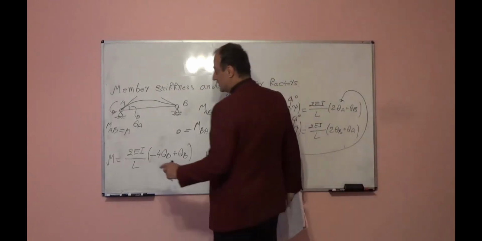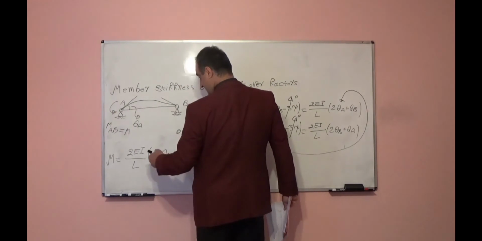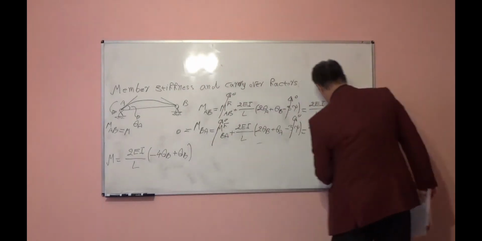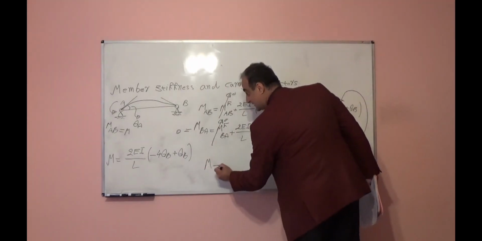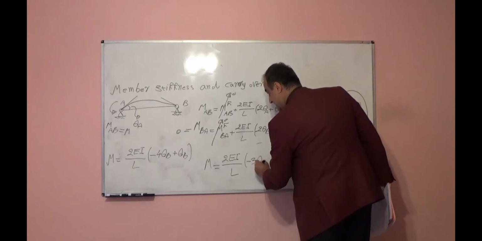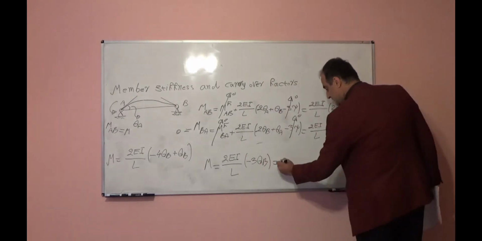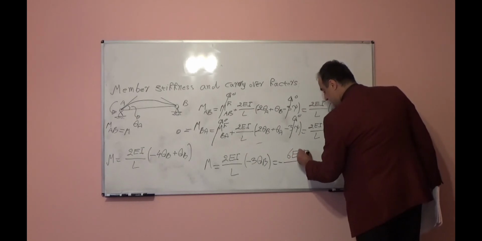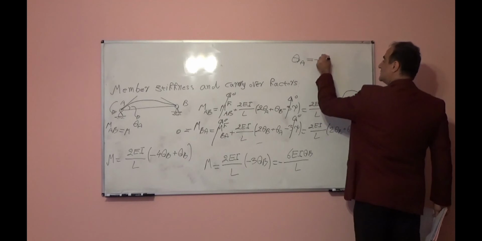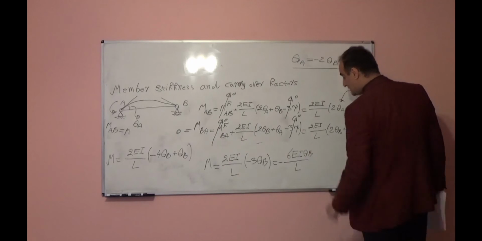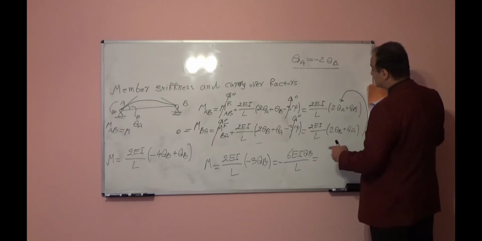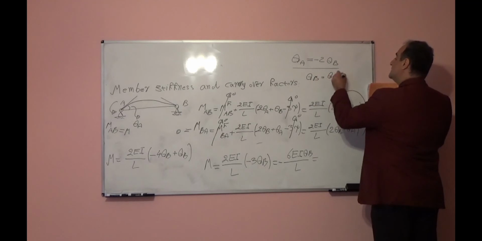If I apply moment M here, now I can find the relationship between M and theta B. That will be M is equal to 2EI over L times negative 3 theta B, which is equal to negative 6 EI theta B over L. Because theta A was equal to negative 2 times theta B, if I want to represent it in terms of theta A, I should plug in, instead of theta B, theta A divided by negative 2.